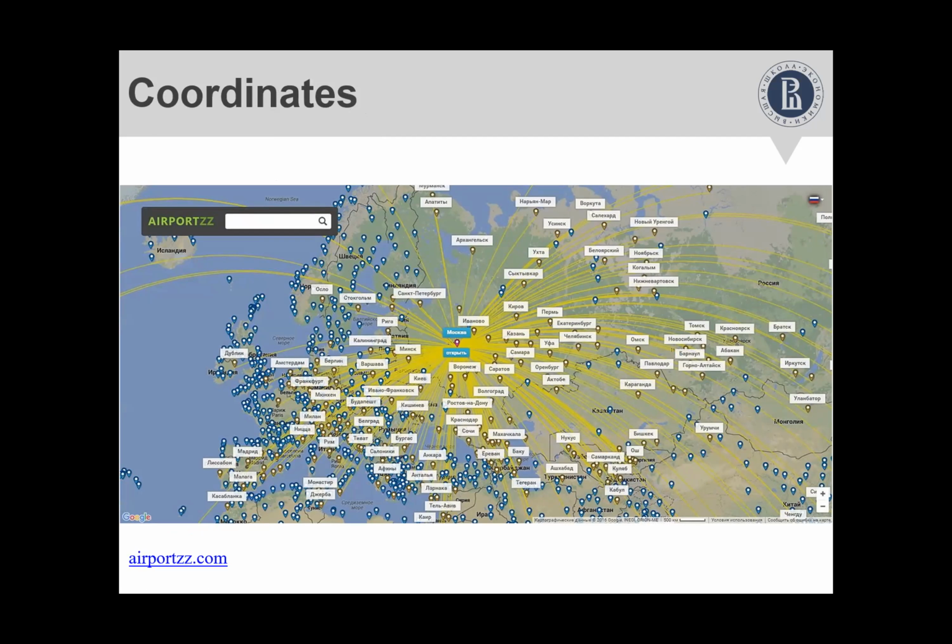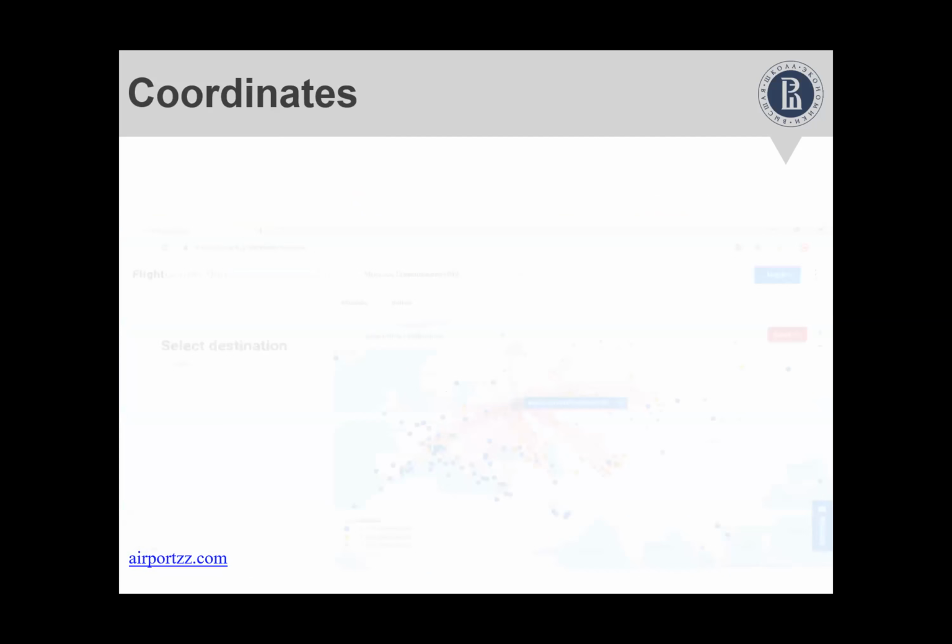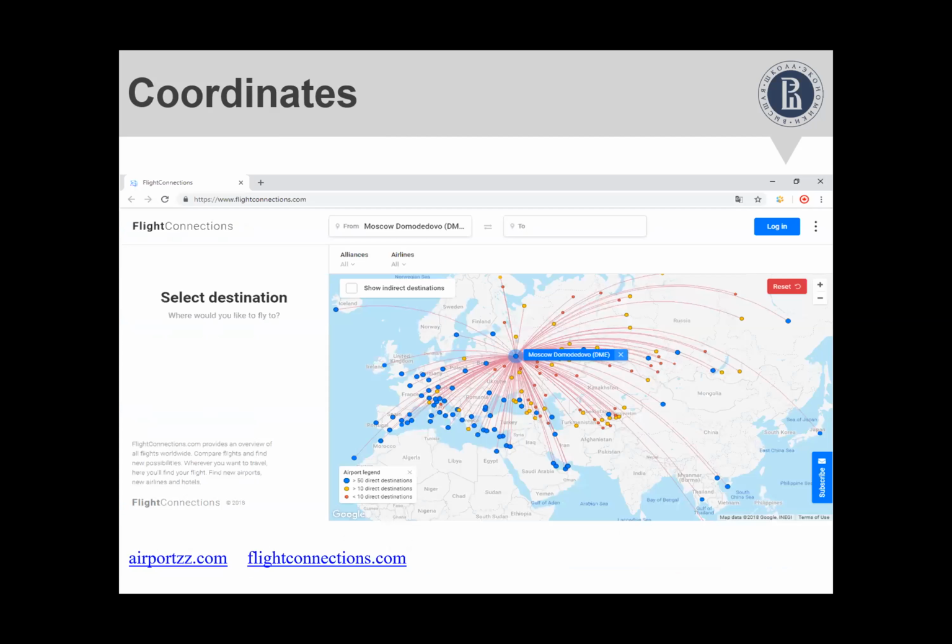Here on the screen, you can see perfect coordinates from the same airport, from Domodedovo airport to other airports. We have another source, the same.